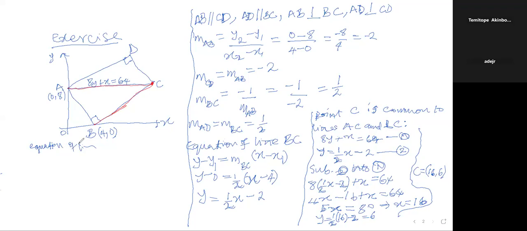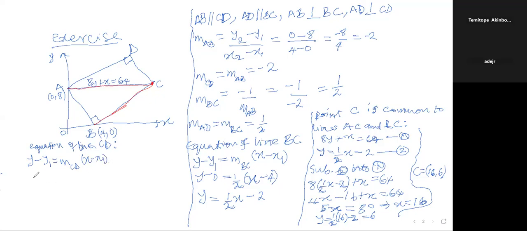Equation of line CD. So that would be y minus y1 equals m_CD times x minus x1.